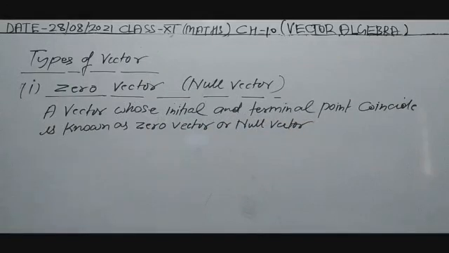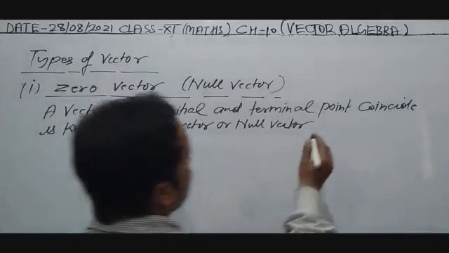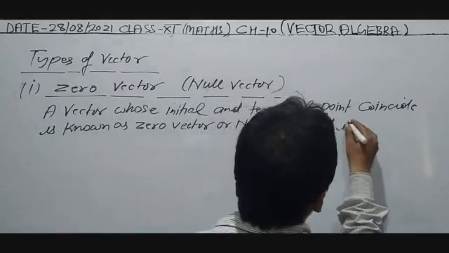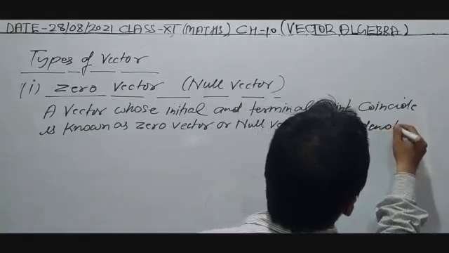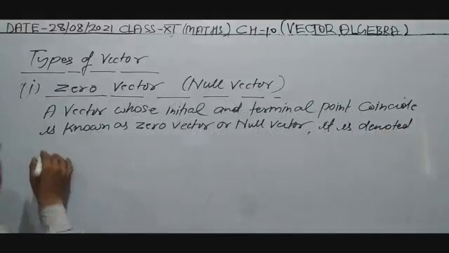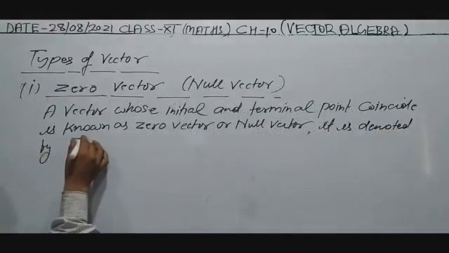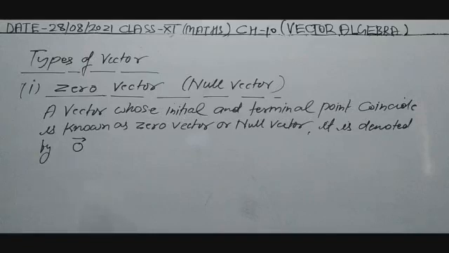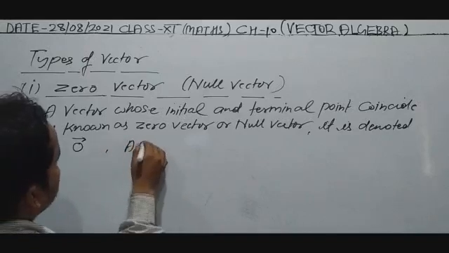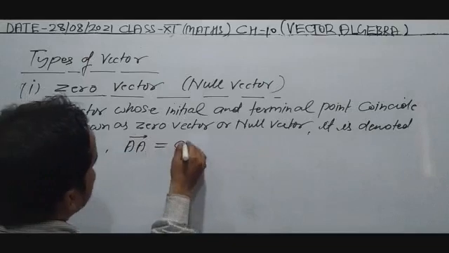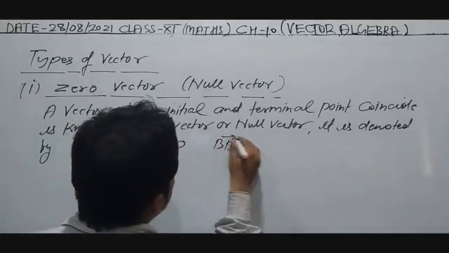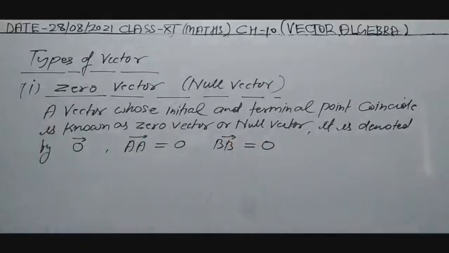Now similarly, suppose this vector is denoted by zero vector, and we can write in vector format AA dash is equal to 0, BB dash is equal to 0.